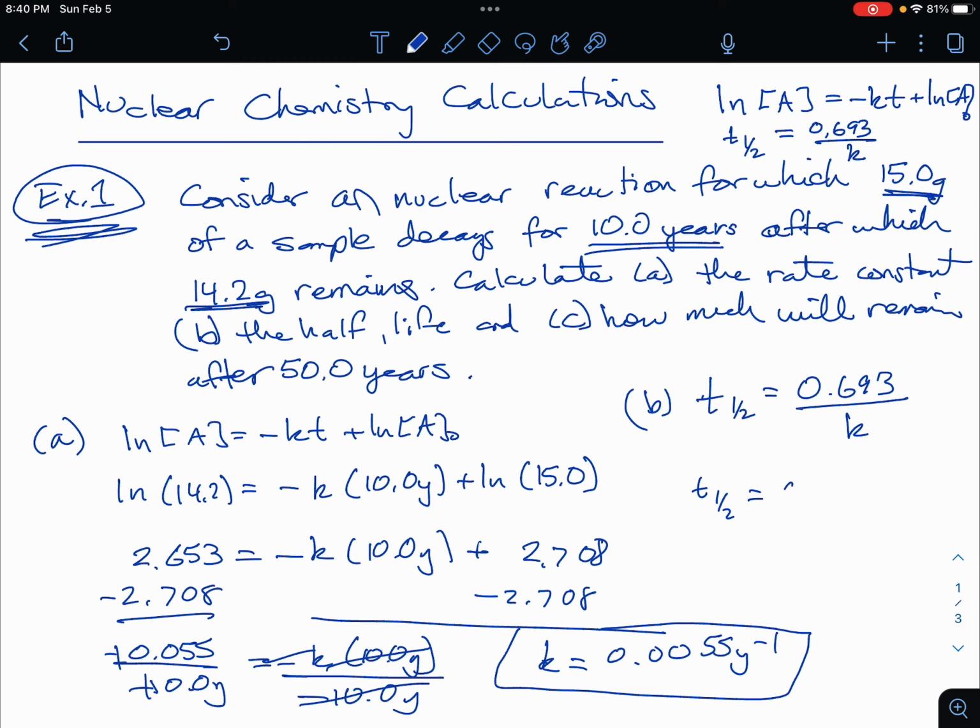So 0.693 divided by the k value, 0.0055, is going to come out to be 12.6 years. Notice that the k value has units of years to the minus 1. When you have 0.693 over years to the minus 1, the years goes back to the numerator, becomes years to the positive 1, which is a time unit. So that all makes sense.